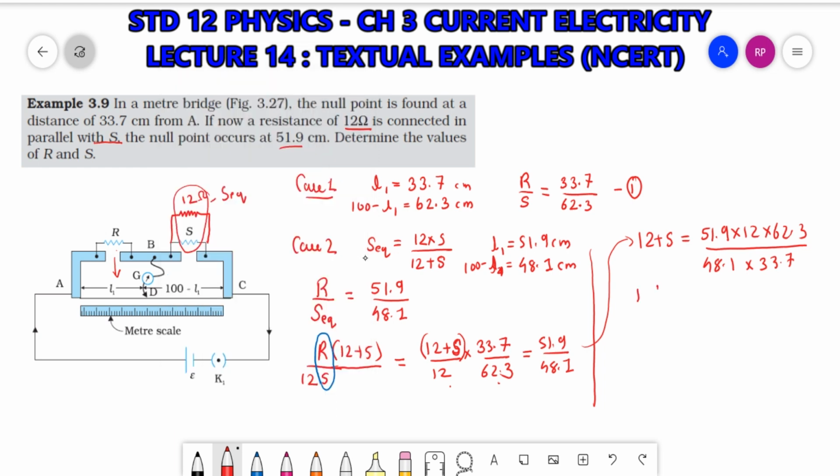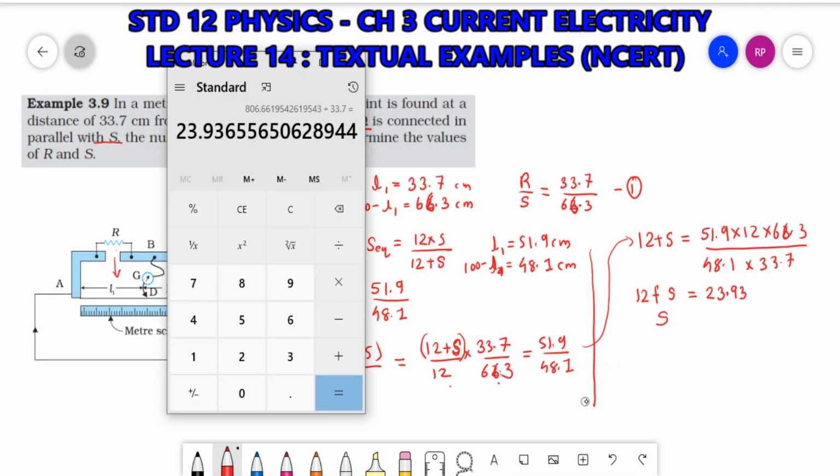So 12 plus S will be equal to 23.93. Clear? Sorry, here there's some mistake. This will be 66.3, so here it will be 66.3. Let us calculate once again.